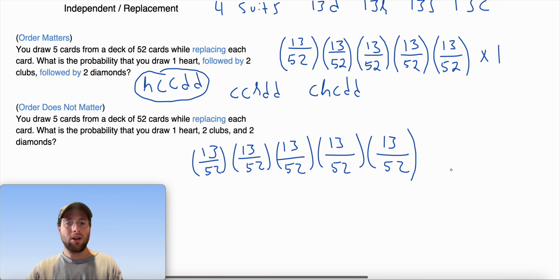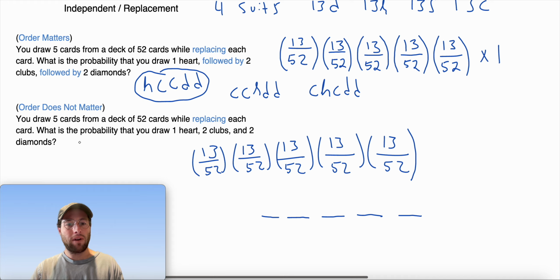And now let's talk about how we can find the total possible arrangements we can have. So if we have 5 cards, let's do it like this. We have 5 slots. And we want to know the total possible arrangements of having one heart, 2 clubs, and 2 diamonds.